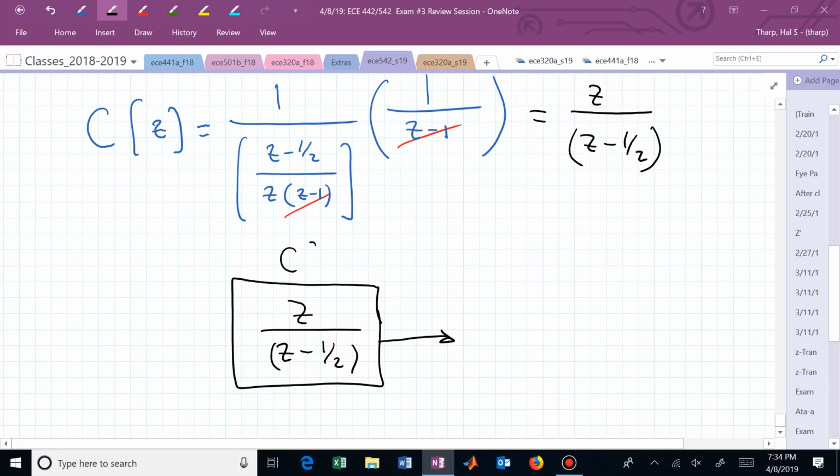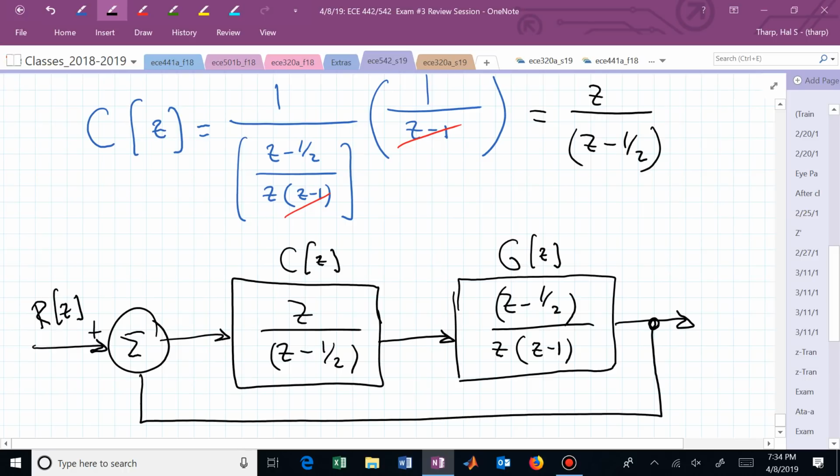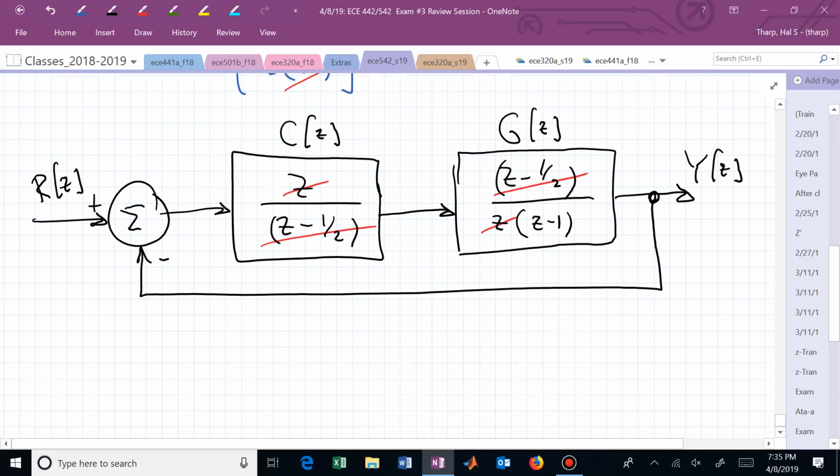there's our C of z. Our plant, and we have a lot of cancellations happening. We have this factor canceling that, canceling that, and now we're left with a pretty simple block diagram.